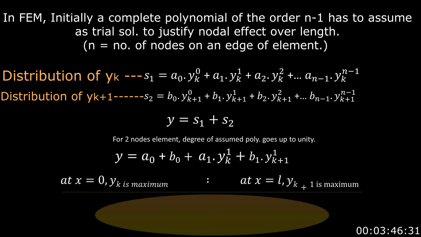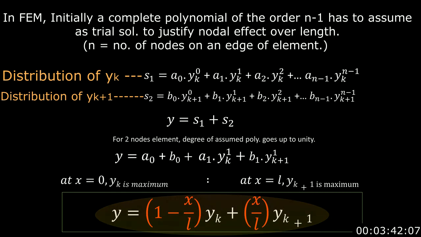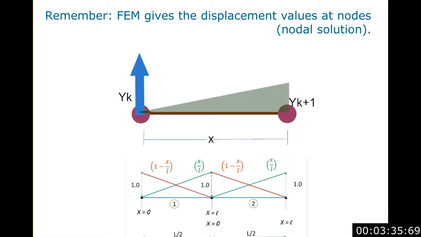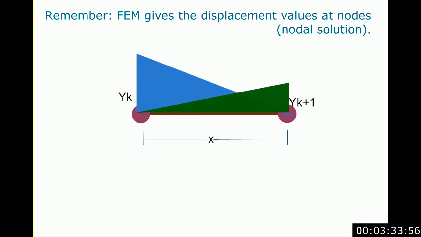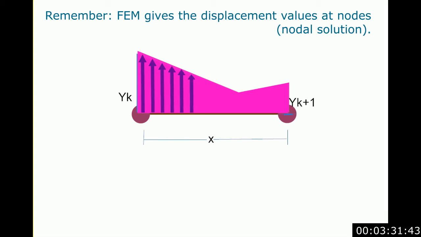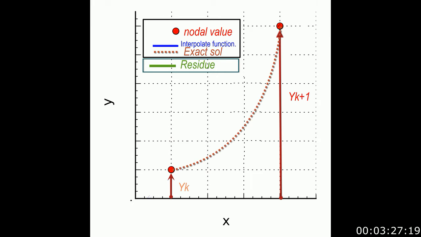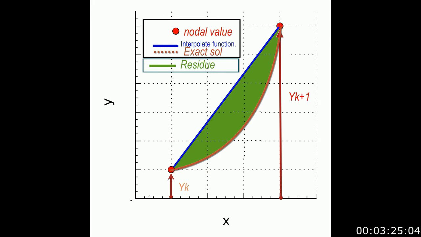So, the linear solution for the kth element is as shown. This solution is assumed with the condition that the value at the kth node should be maximum at its own position and should linearly decrease toward the adjacent nodes. The nodal solution should be interpolated in such a way so that the residue is minimized.